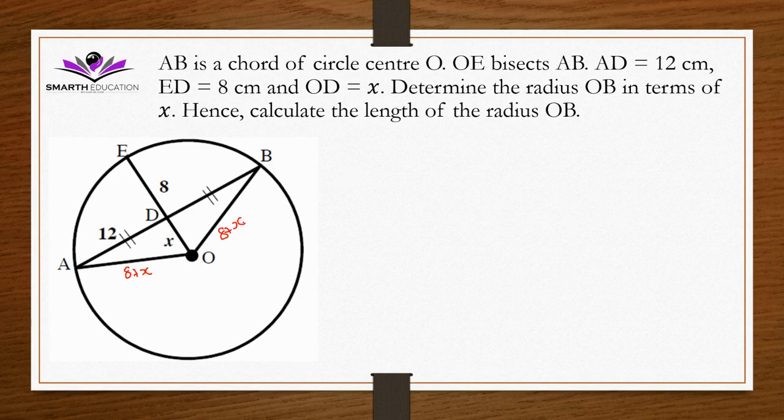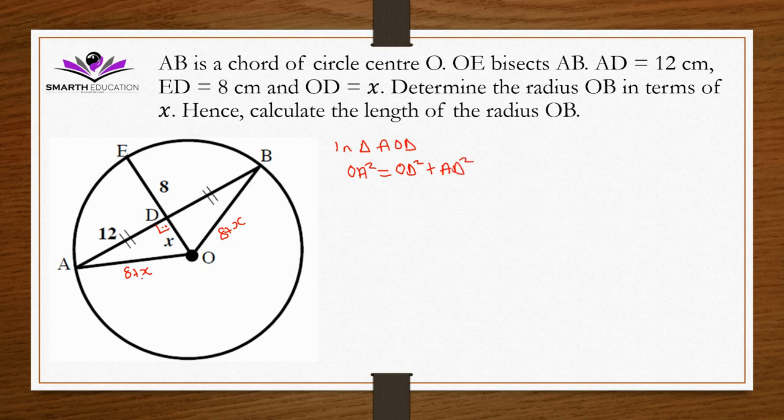Like I said, let's say here we know that in triangle AOD, we know that triangle AOD is a right angle triangle. So we can say that OA squared is equal to OD squared plus AD squared.